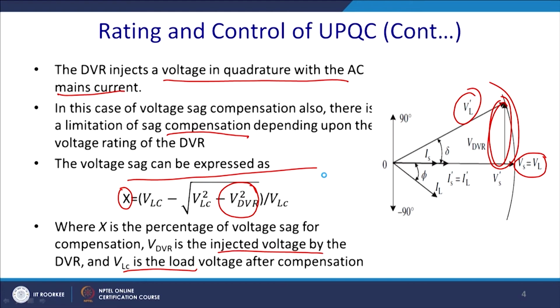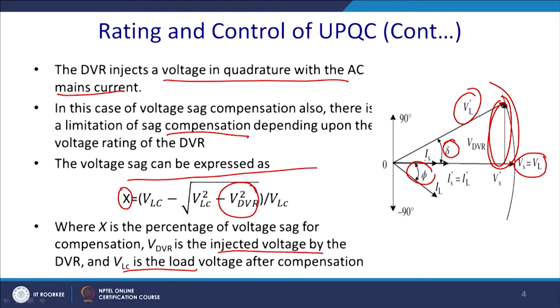This is the angle, VL prime, and this is basically the VLC. This angle is delta, the angle between VL prime or VLC with IS, and this component is essentially phi, that is uncompensated IL with VS.